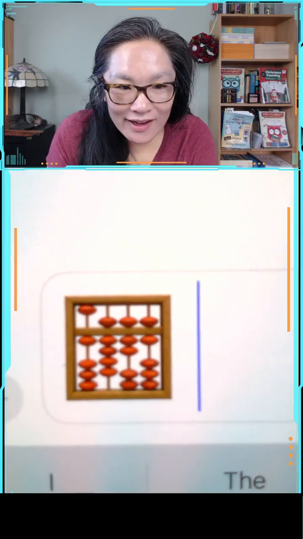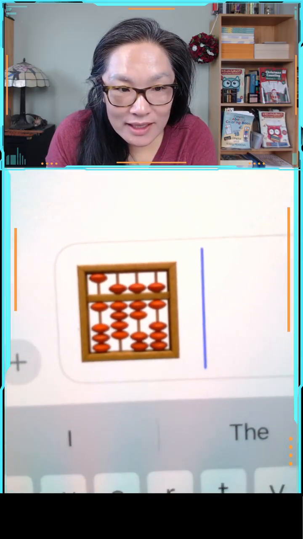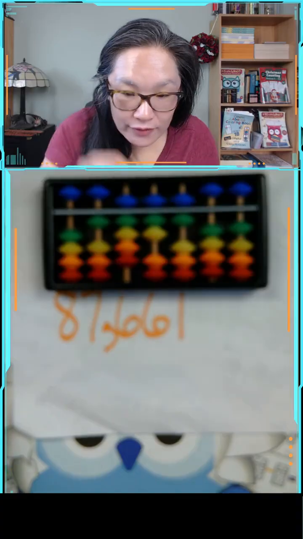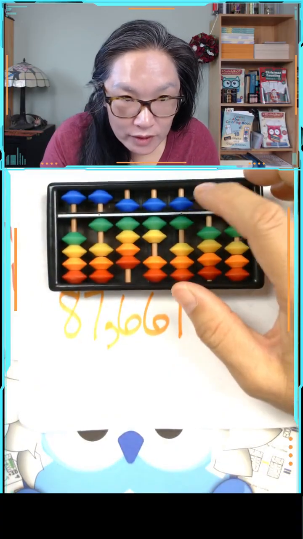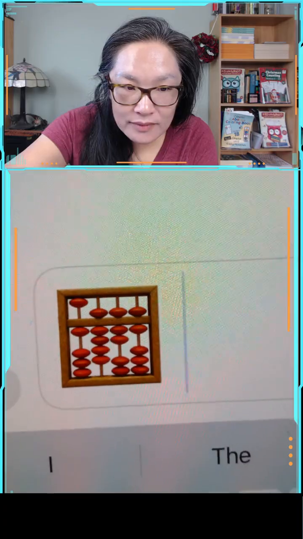Interesting, right? It is not 1971. It is 1976 because the top bead is a value of 5. So when we're looking, we have to pay attention to the top bead. Notice that there's a top bead. See, there's a top bead, there's a top bead.